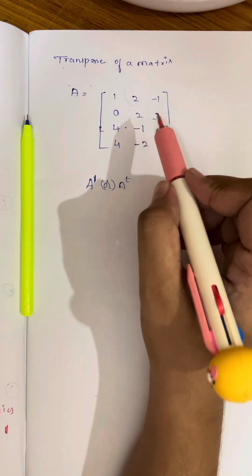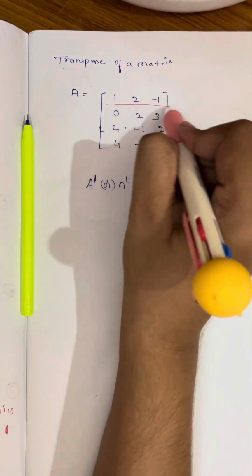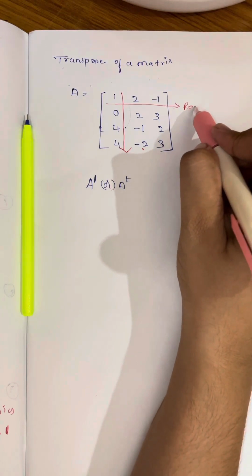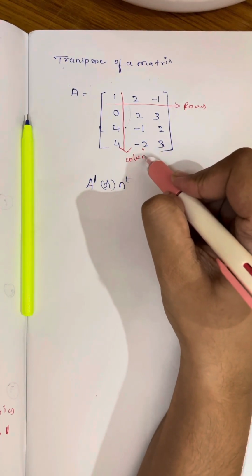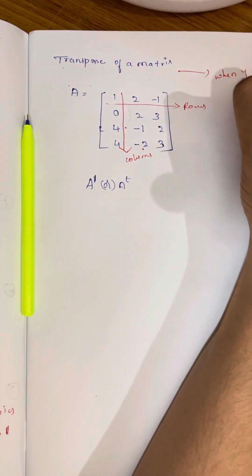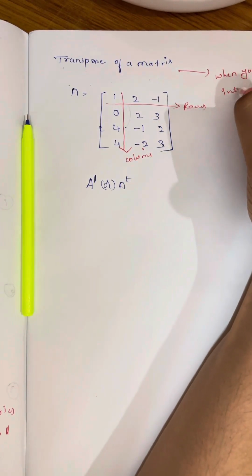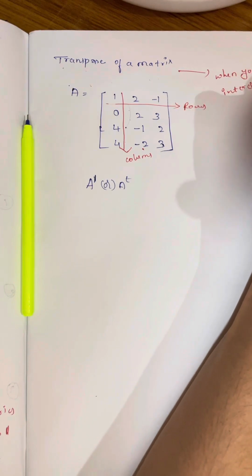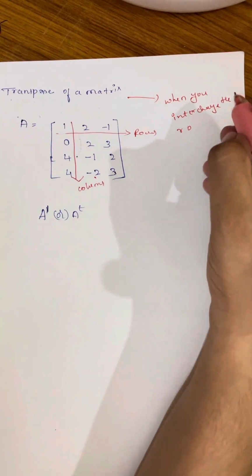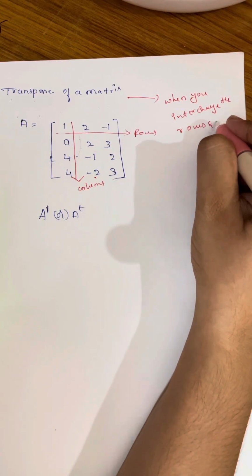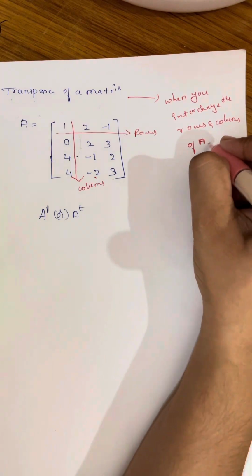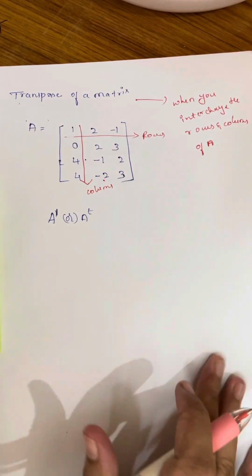Transpose of a matrix is when you interchange the rows and columns of A. A is nothing but your matrix.